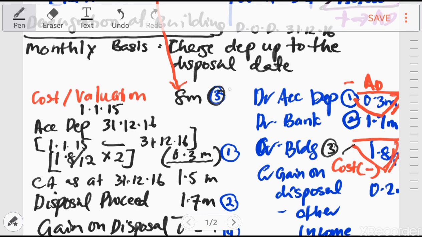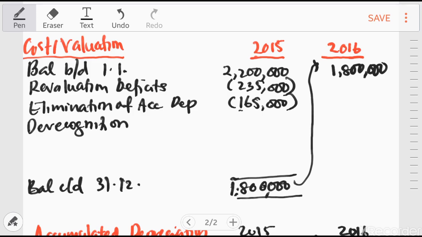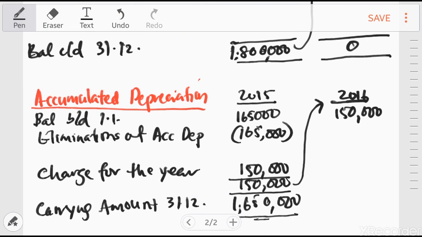So we'll be doing that. I put here derecognition 1.8. So meaning that at the end of the year, there is no more balance, right? Zero balance.